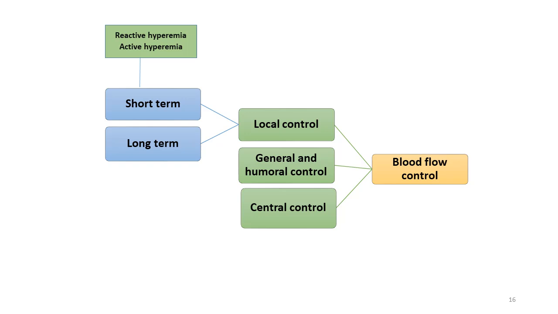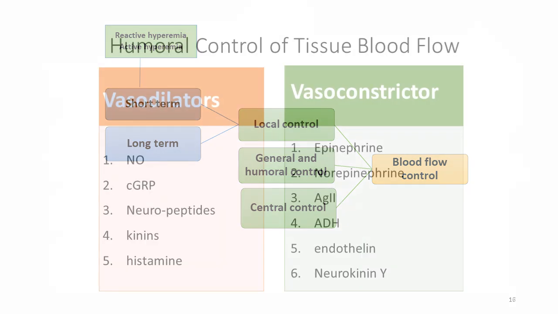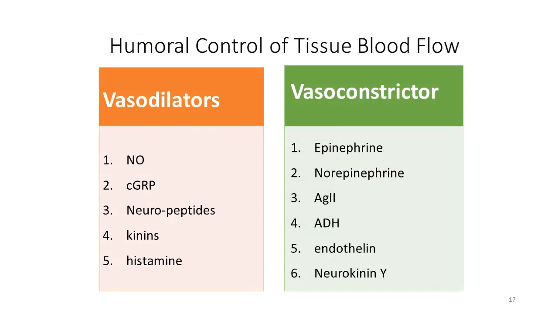But what about general control of blood flow, and what about central control of blood flow? General control of blood flow consists of humoral control of tissue blood flow, categorized in two parts, vasodilators and vasoconstrictors.